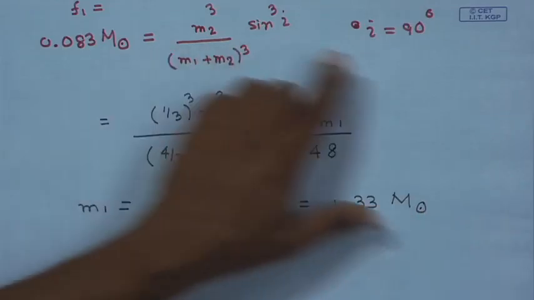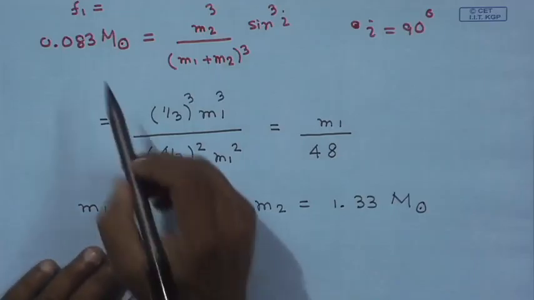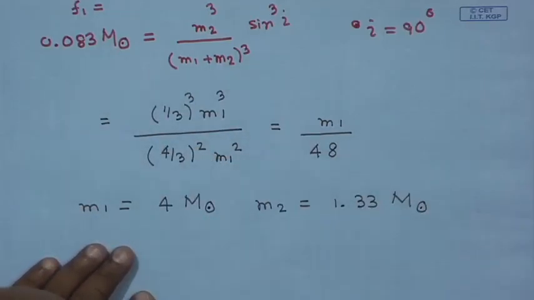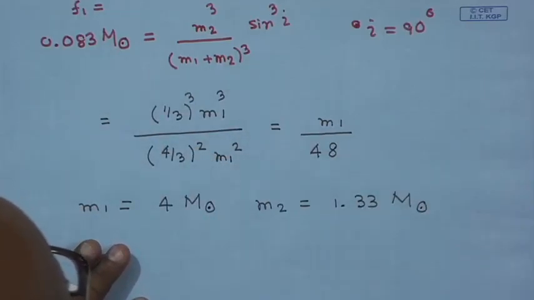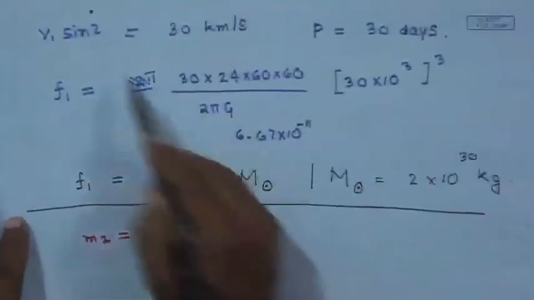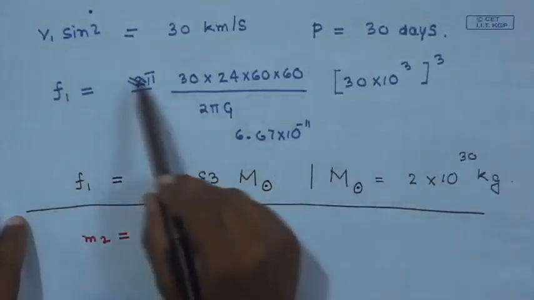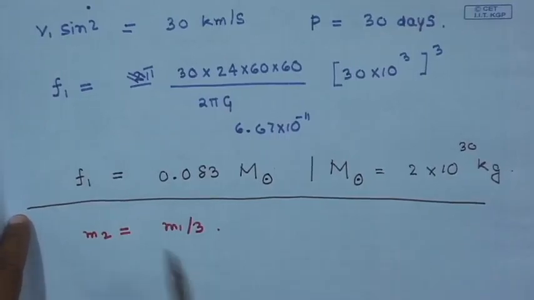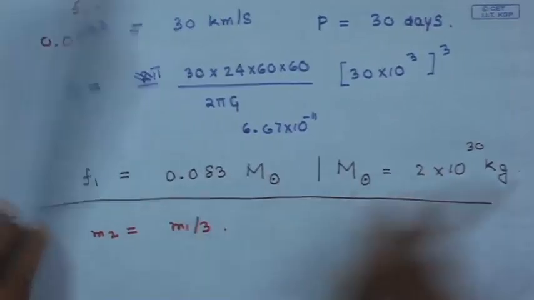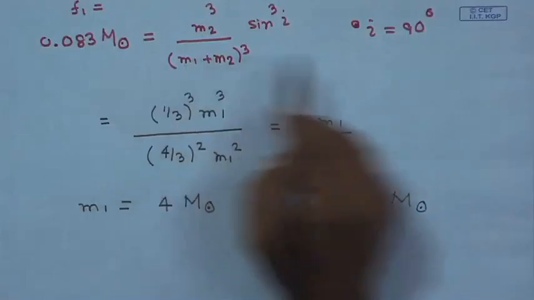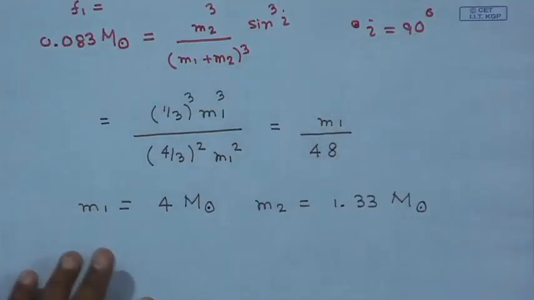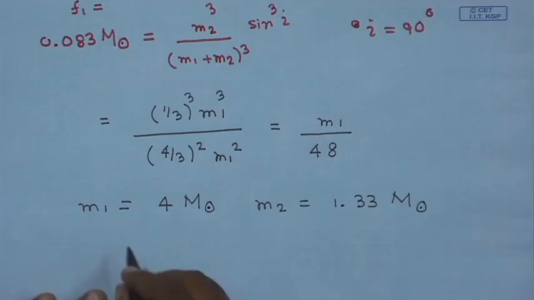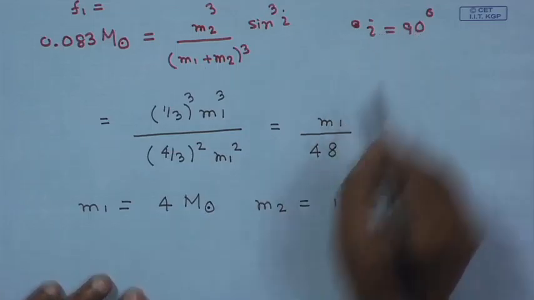Okay, so this is an example where we start off with a measurement of the velocity and the period, which you can observe from the velocity curve, and we determine the mass function, and then we use it, assuming that the inclination angle is 90 degrees, to determine the masses of the two objects. Now, the point to note is we have assumed that the inclination angle is 90.